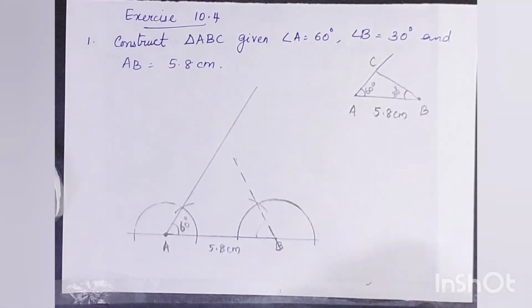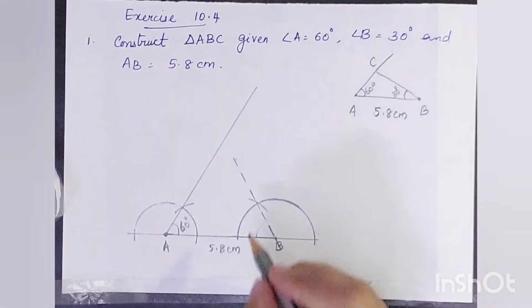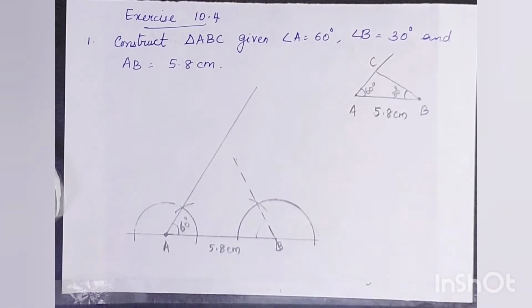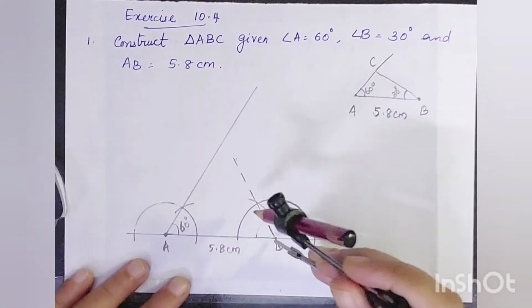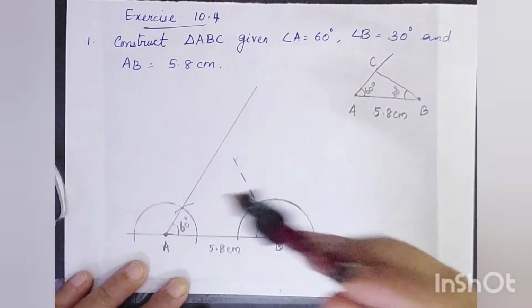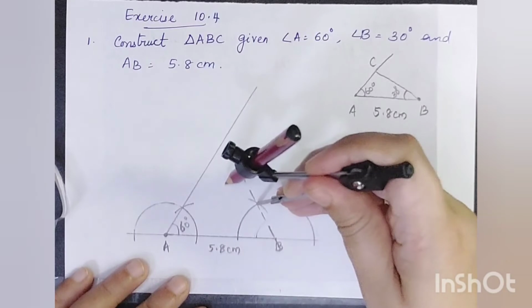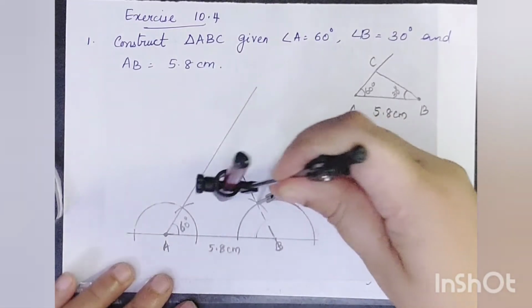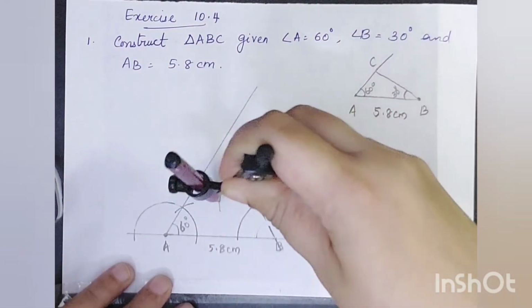This angle is 60 degrees, but what do we need? We need a 30 degree angle, right? So let's keep this same measurement in the compass, and keep this as our center point and draw a line outside this semicircle.